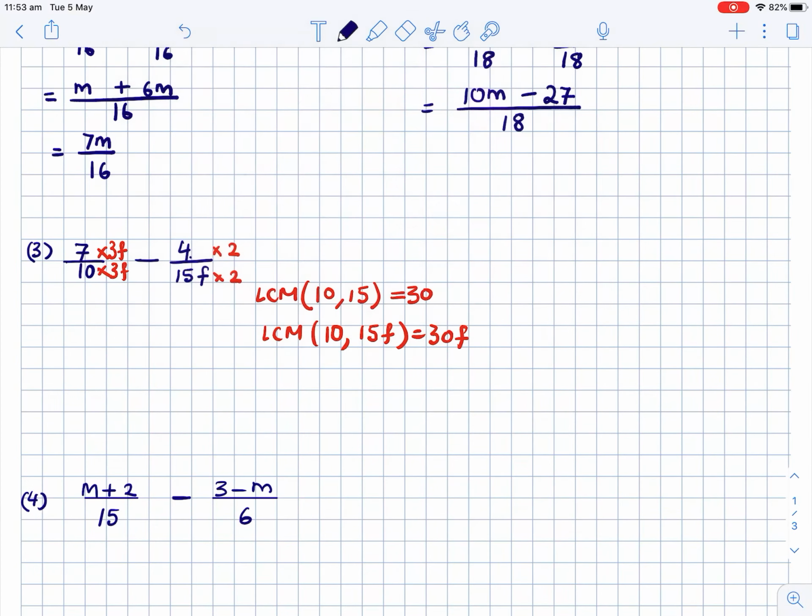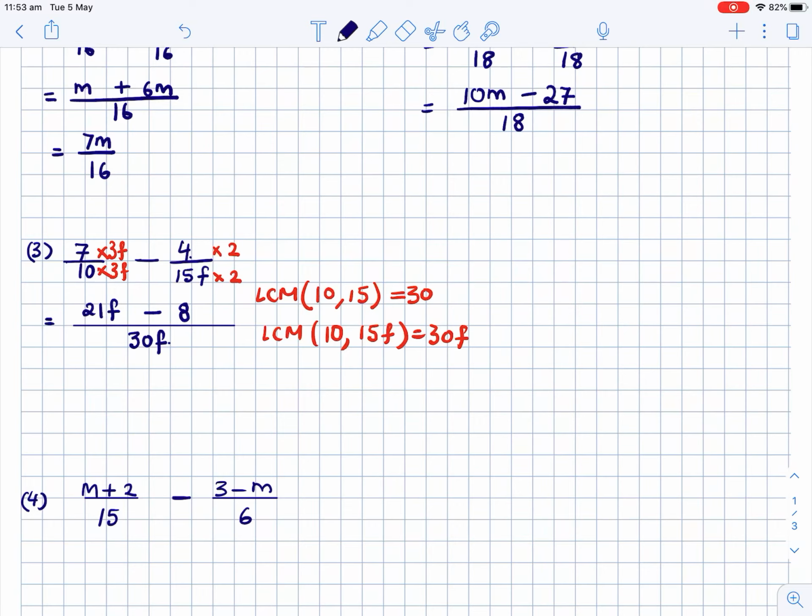And if you now combine and write with the same denominator, it is 30f, and the first fraction numerator is 21f, take away the numerator of the second fraction is 8.